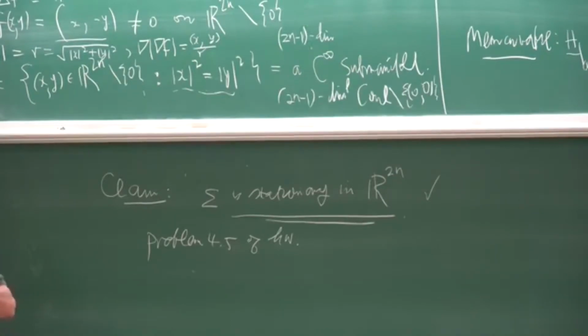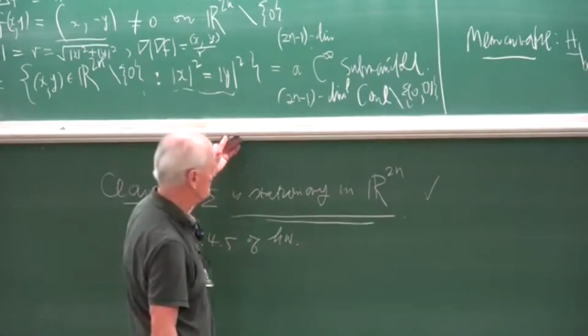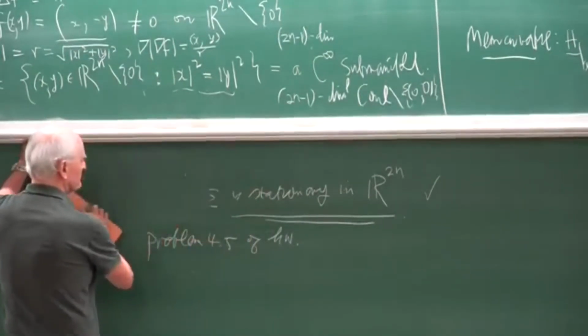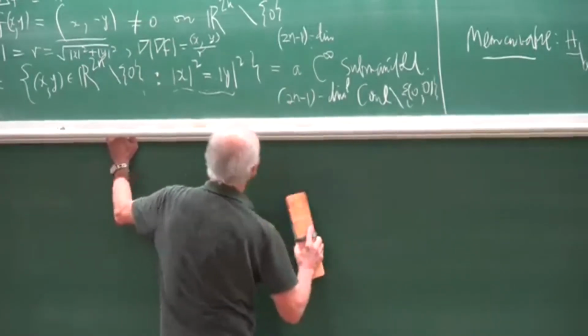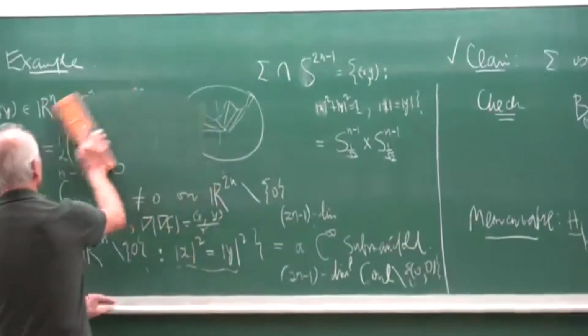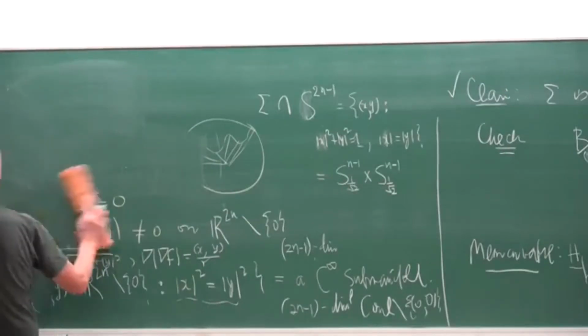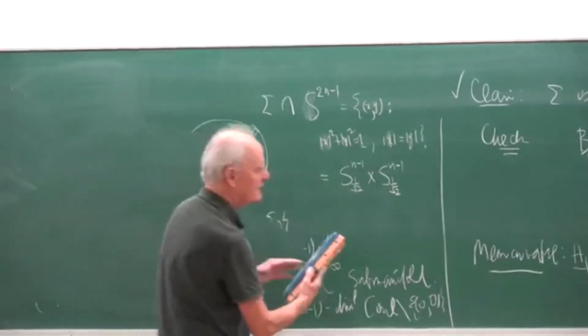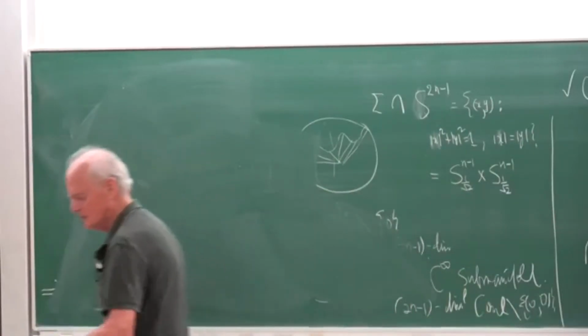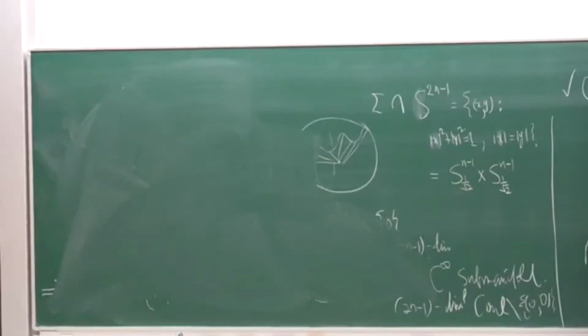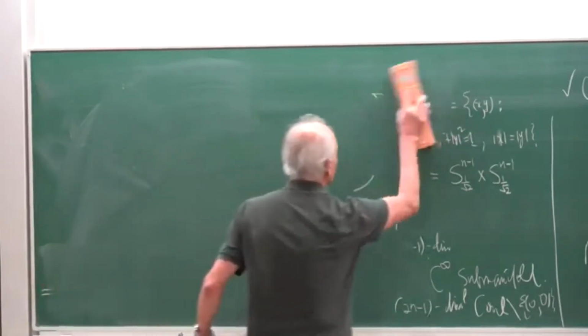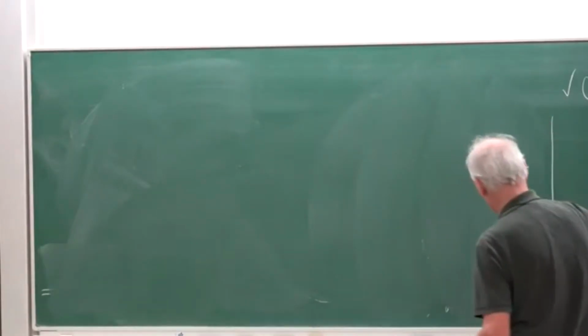So now let's go back to make a start on chapter 6, theory of currents. So the first thing we have to do is a little bit of multilinear algebra, which is not too unpleasant.